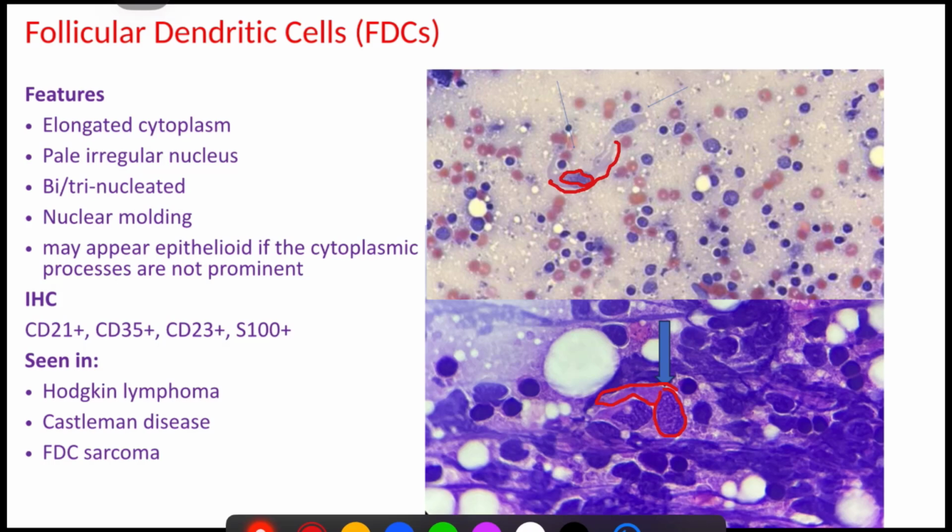Sometimes you may find prominent central nucleoli. They are CD21, CD35, CD23 and S100 positive, and mostly seen in Hodgkin's lymphoma and Castleman disease, and in the malignant form, follicular dendritic cell sarcoma may show this type of cells.